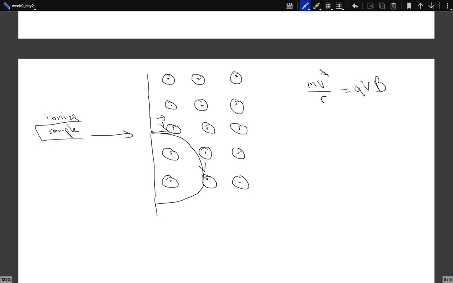Let's cancel the v's. So m over r in this case is qB over v. Depending on how you accelerate them, you will know the speeds of the object. So if the speed is fixed, the radius is proportional to the mass.